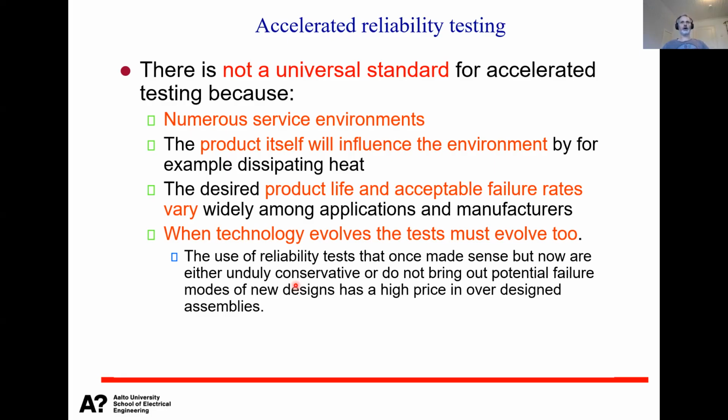And when technology evolves, then of course the test must evolve too. Thinking about, for example, displays: if you compare the robustness of, let's say, a mobile phone from 15 years back, the display technology was completely different, and the display size was typically something like this. And now we have very large displays.